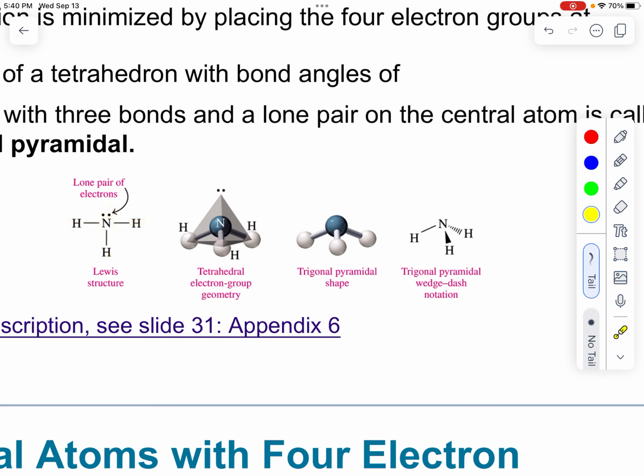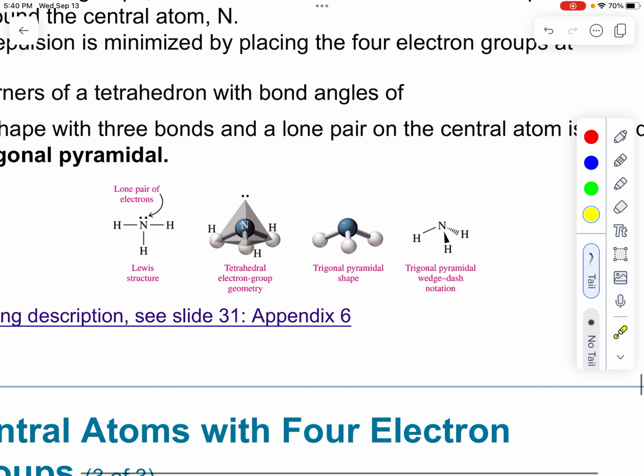So its electronic geometry is going to be tetrahedral. However, there's no atom up here, and so its molecular geometry is called trigonal pyramidal. And the angle is going to be 109 degrees.